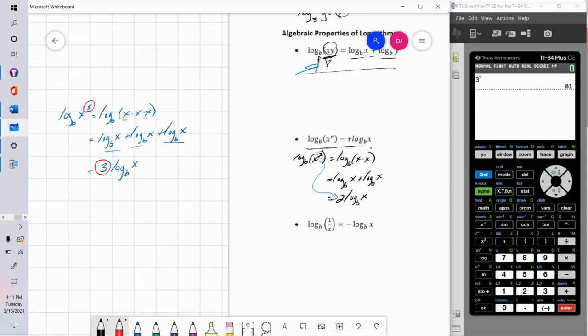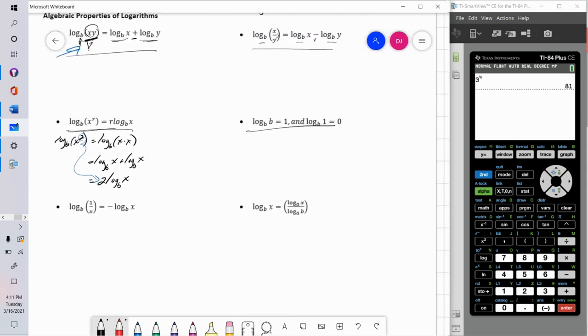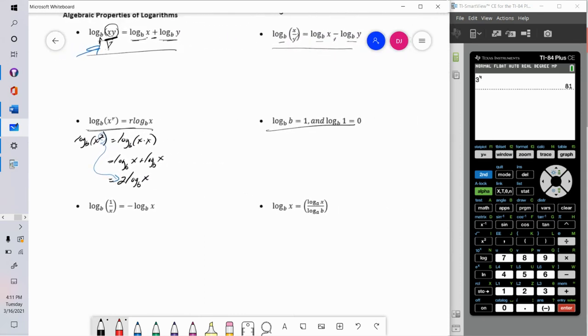Okay. Logs do take some practice to work with, and I'm not going super in-depth in this video into the rules of logarithms. There should be a video soon going more in-depth into the rules of logarithms, and you can look for that. This rule here, log base b of b is equal to 1, that comes from the fact that if I change this back, this means that b to the first power is equal to b.